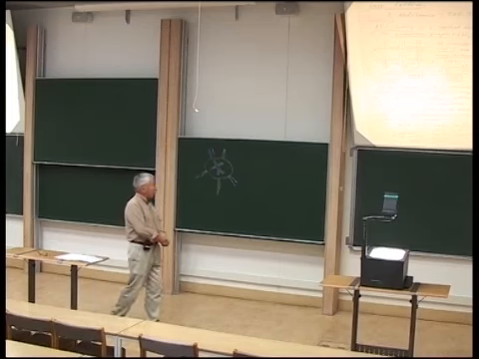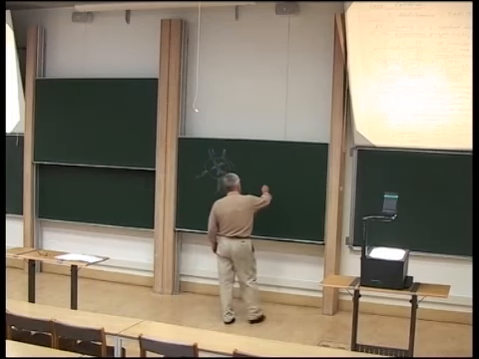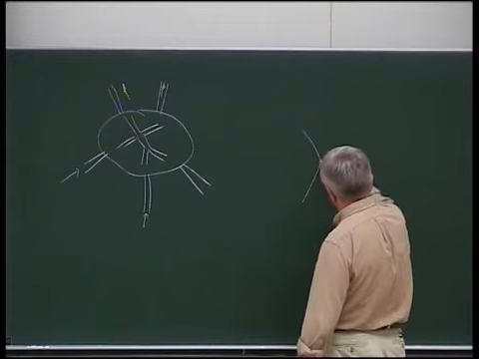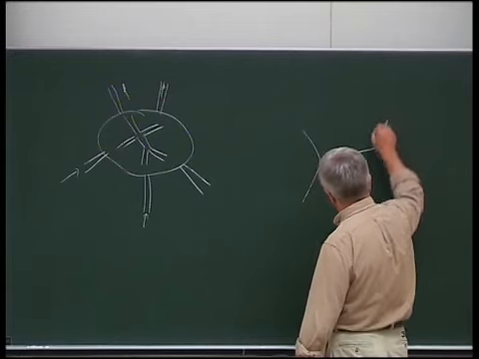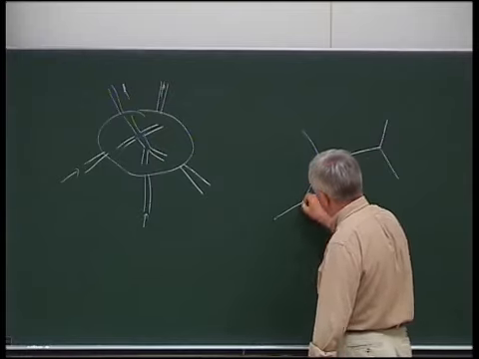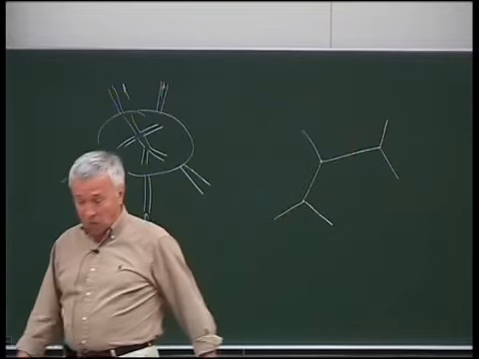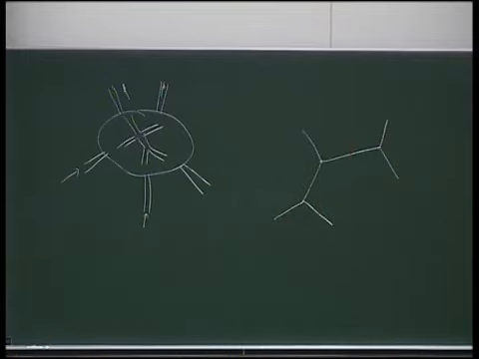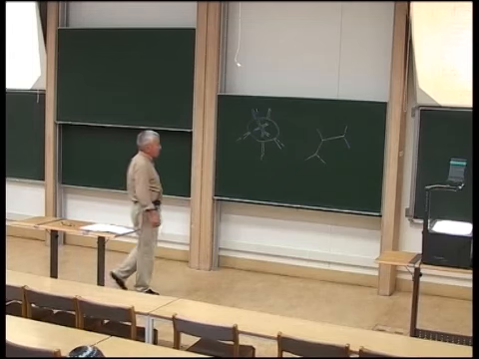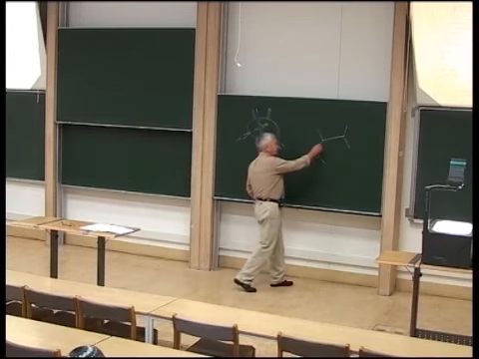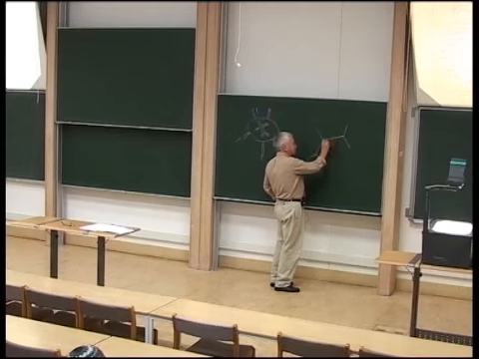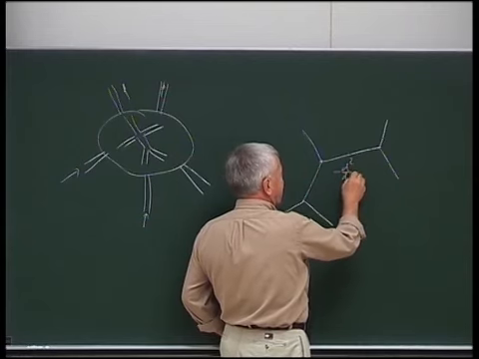And this much simpler object is the system of one-dimensional intervals with branching points. Roughly speaking, this is the skeleton of our optical network. Of course, along each edge we must get something like this.